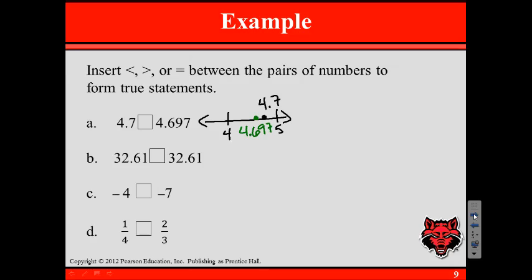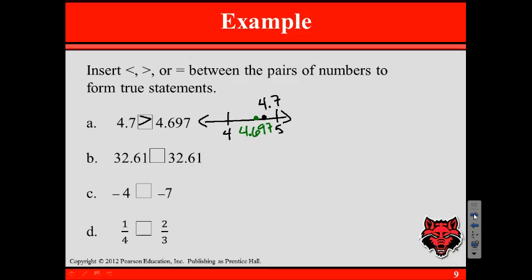Not quite as far along the number line as 4.7. So using that definition we saw before, if a number is to the left of another number on a number line, then that number is less than. Likewise, if 4.7 is to the right, in this case it is, then 4.7 is greater than 4.697.